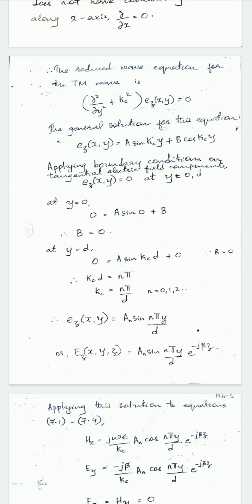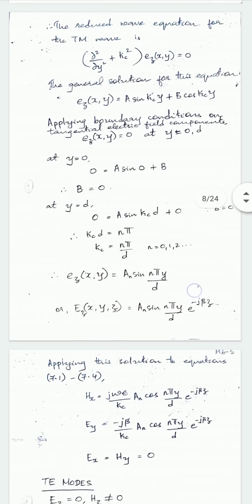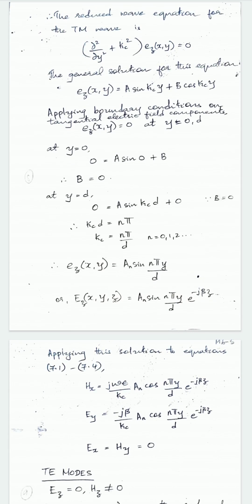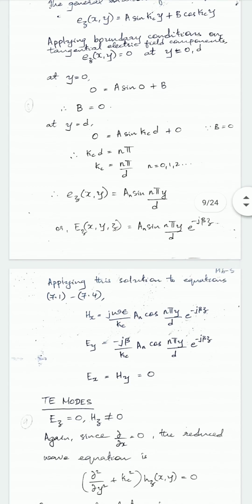So we can write kc d = n pi, or kc = n pi by d, where n is 0, 1, 2, etc. So Ez(x,y) = A sin(n pi y by d), or we can write Ez(x,y,z) as, to represent this propagation also, we can include A sin(n pi y by d) e raised to minus j beta z.